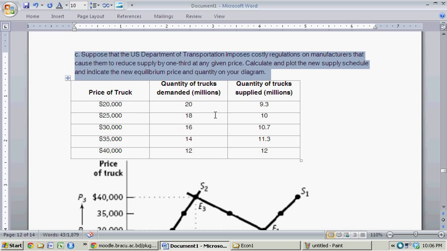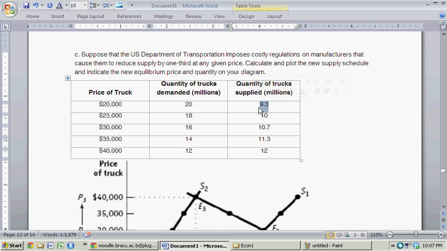Okay, so here we've done it. We have the prices of trucks, once again, starting from 20, 25,000, 30, going up. The quantity demanded of trucks is identical, but the quantity supplied of trucks has been decreased by 1/3. Where before, associated with $20,000 for a truck, the quantity supplied was 14 million, now it's 9.3.